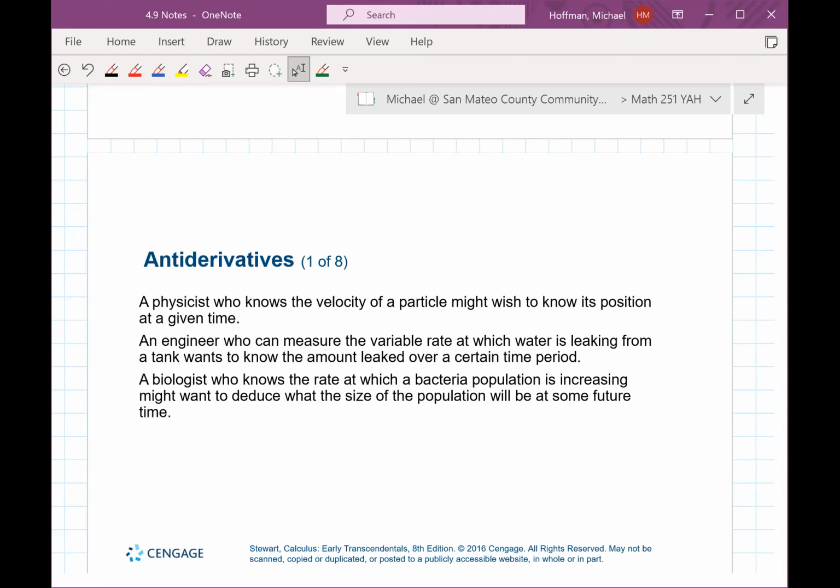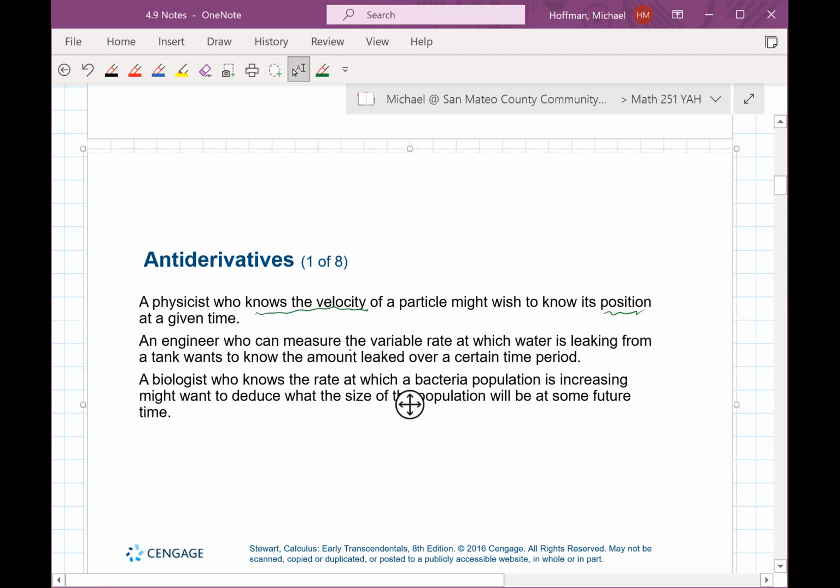I have the derivative, and I want to know where that derivative came from. Physically and in context, that's sort of like I know the velocity, or the rate at which something is traveling, and I want to recover its position, its actual distance or location from the velocity.